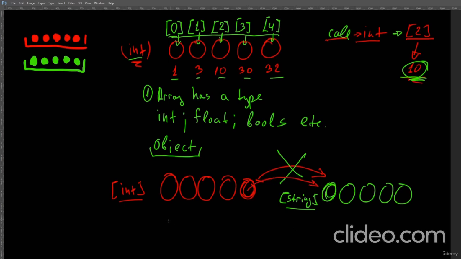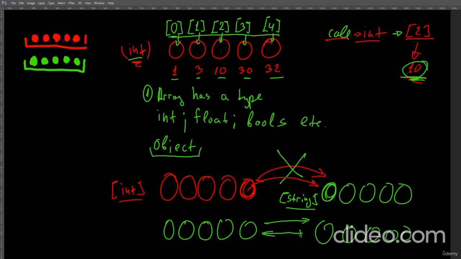What you need to do is have arrays of the same type so that you can transfer data. If we have this string array, and here again a string array, we can transfer data. So this one can go here, this one can go here, etc.